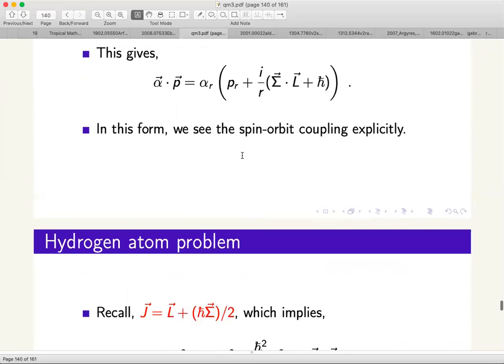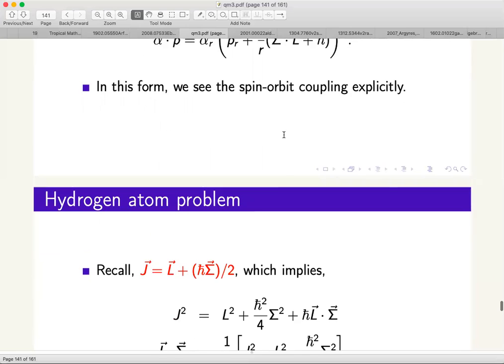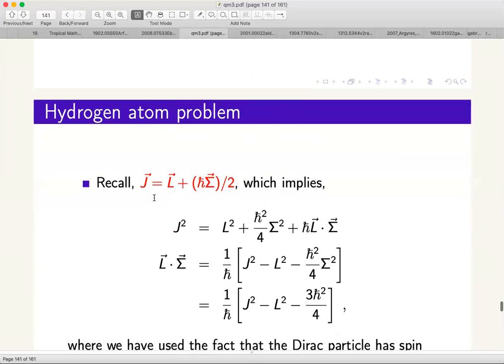Remember, this is something we had done in angular momentum algebra also. If you have an L dot S term, then you define the angular momentum J, which is L plus S, and then J squared minus L squared minus S squared would be equal to 2 times L dot S. So you can replace the L dot S term in terms of J. That is what we are doing here. We are writing J as L plus h bar sigma by 2, which is the same as the S operator we would have written down in the non-relativistic case.